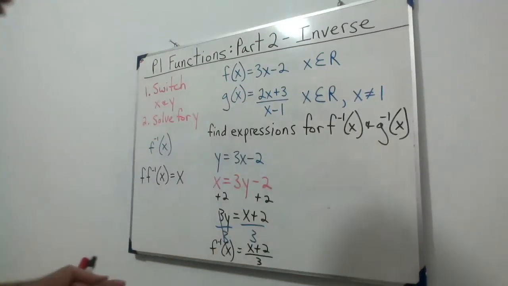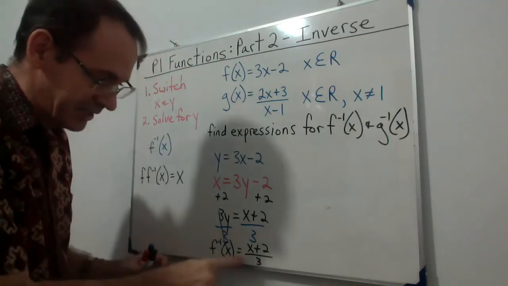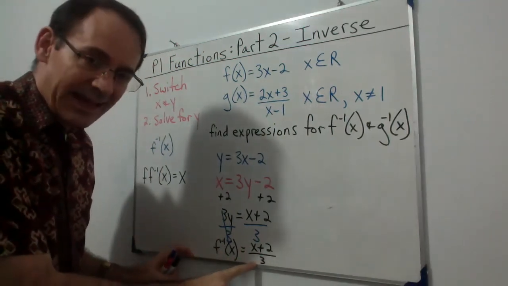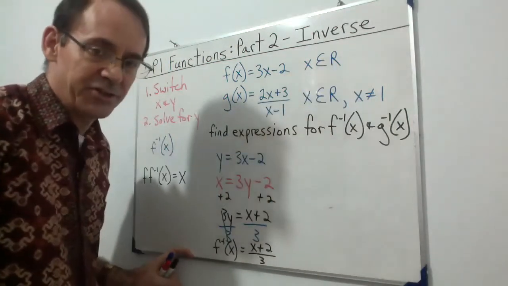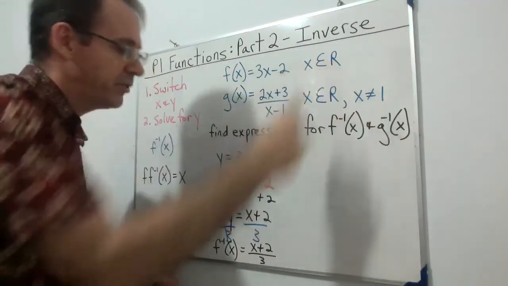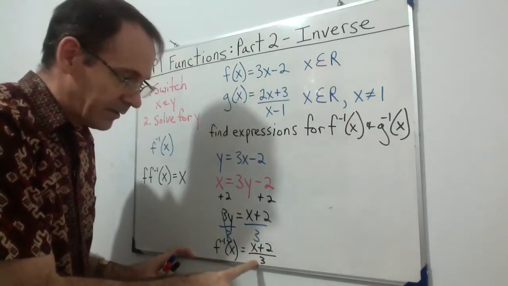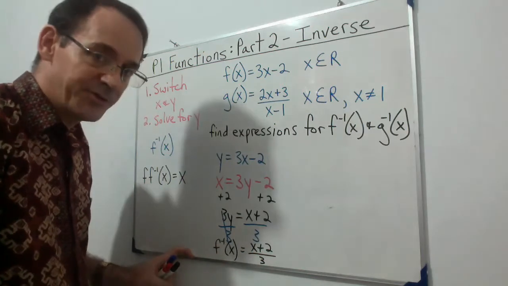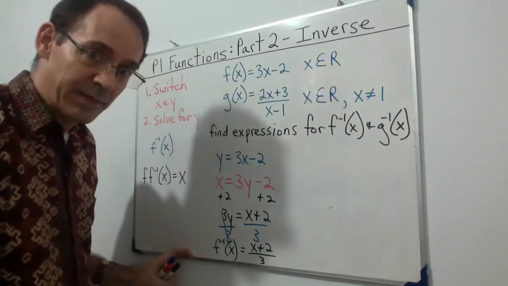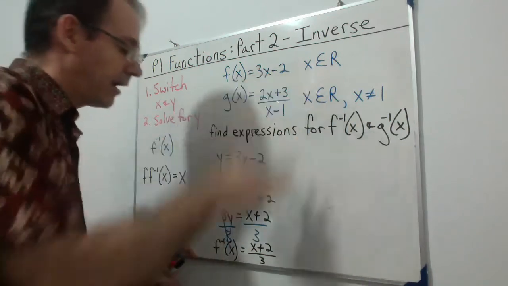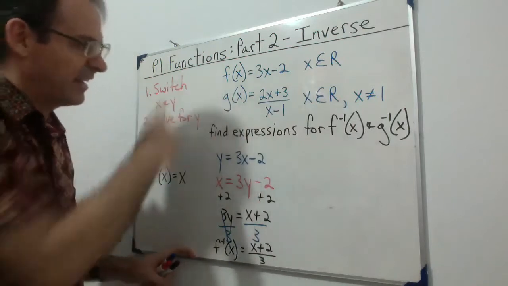Now, notice this one is a fraction, but there's not an x in the denominator. So really, we have no change in the domain. There's no change in the domain because the bottom number is just 3. So it's not possible to get a 0 in the denominator and violate the divide by 0 rule. So our domain for this inverse function just stays all real like this one.